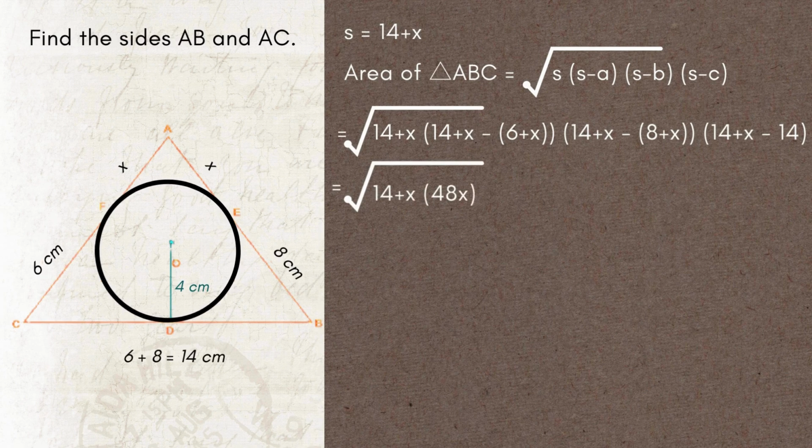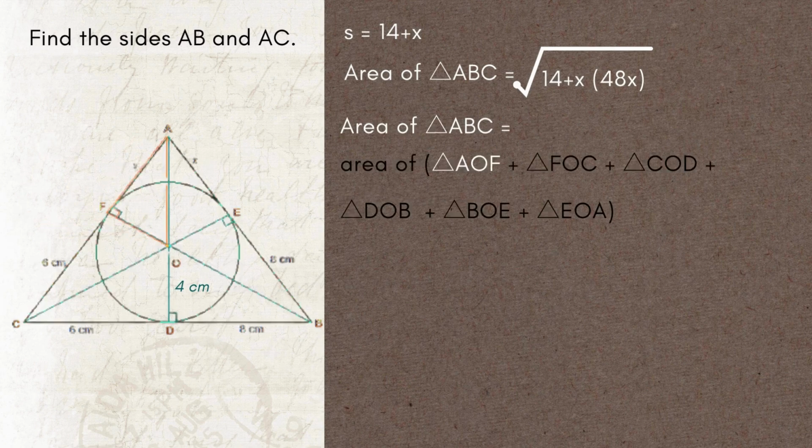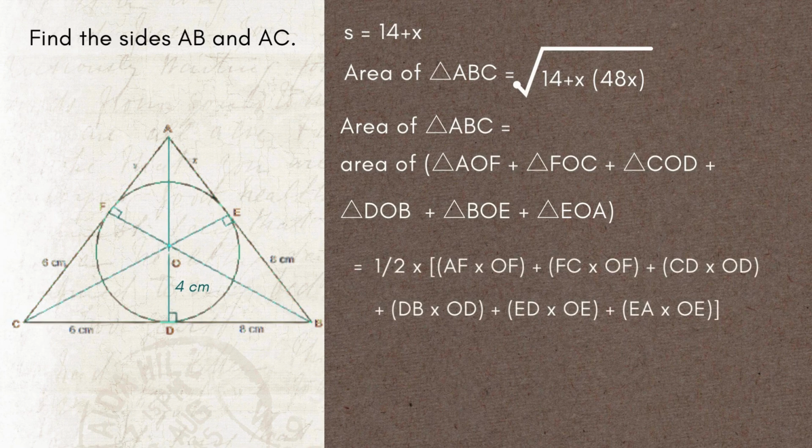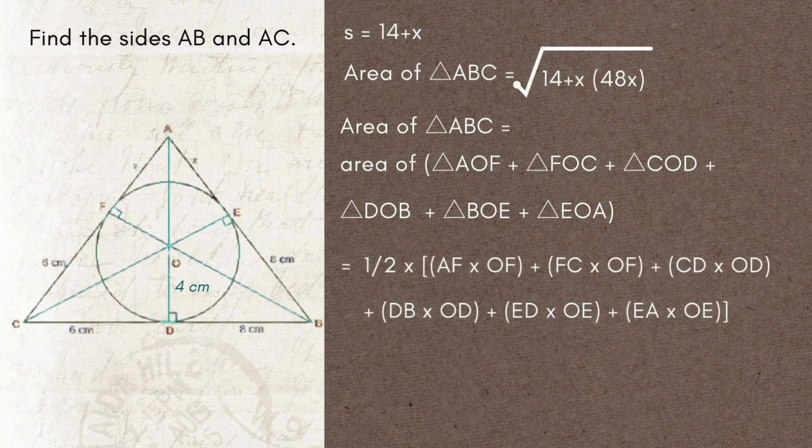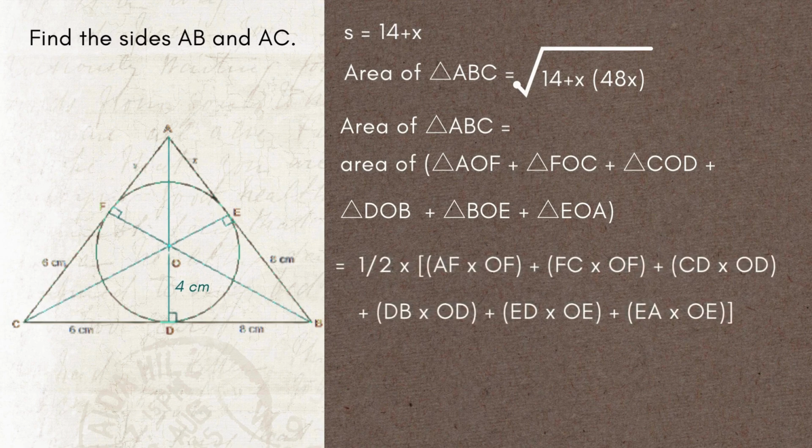Now, area of triangle ABC would also be area of triangle AOF plus triangle FOC plus triangle COD plus triangle DOB plus triangle BOE plus triangle EOA. Now, area is also given by half into base into height.